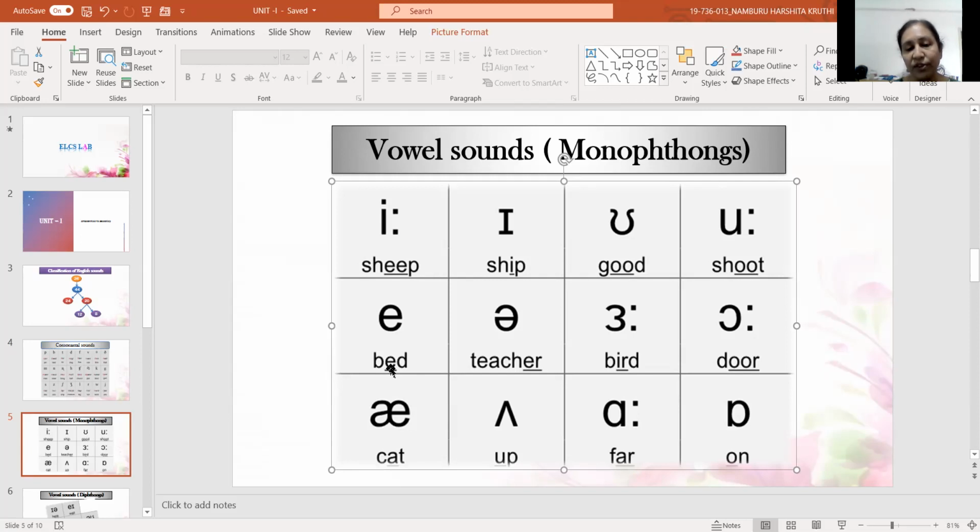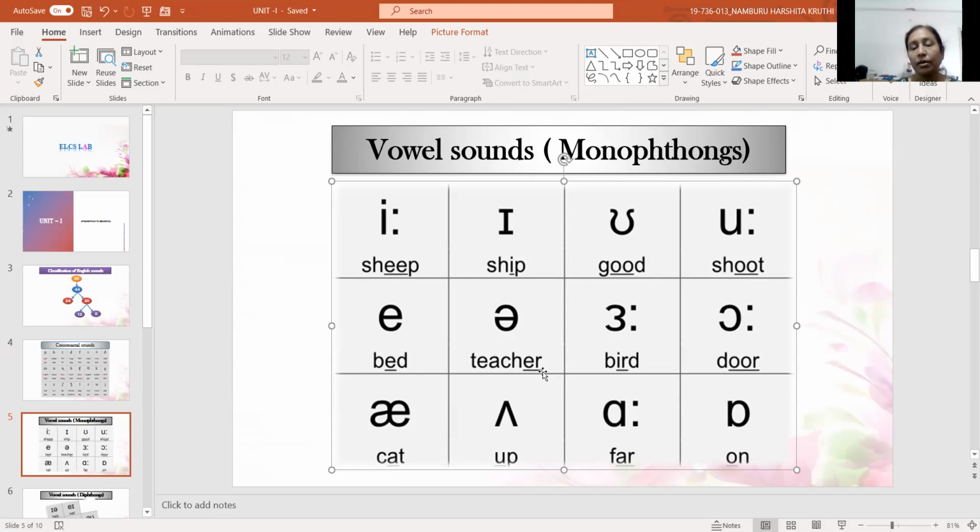Next, you should not get confused between the letter and the sound, right? Though the symbolic representation of the word bed is not given here, we can write it. That is B, A, and D. Next, we have teacher. Similarly, where the sound is O, the combination here is E and R. In this place, the sound appears, right?